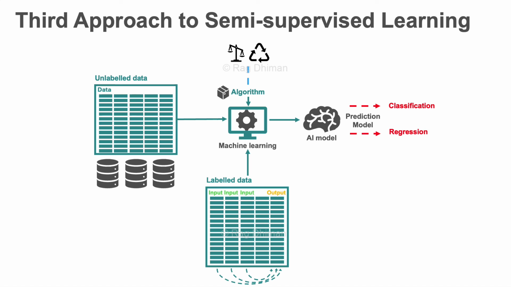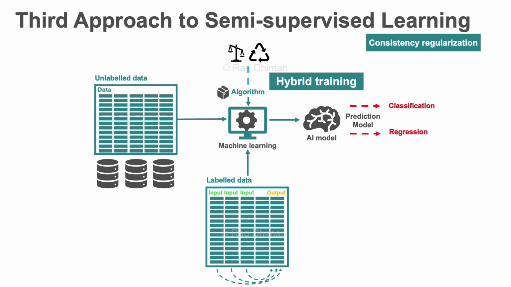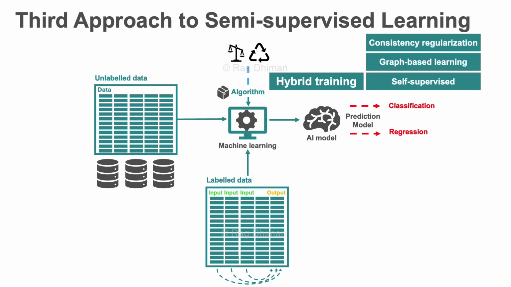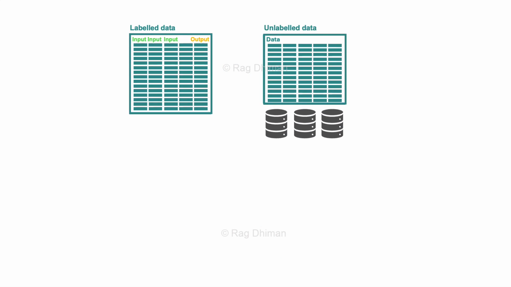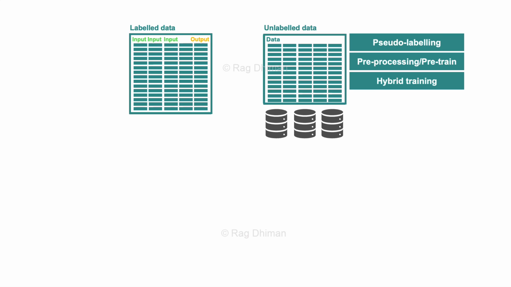This method, sometimes called hybrid training, leverages techniques such as consistency regularization, graph-based learning, and self-supervised objectives to extract data patterns and improve data generalization, all without manually labeling the unlabeled data. Hopefully you can see how all semi-supervised learning options can provide the advantages of both supervised learning and unsupervised learning by utilizing both labeled and unlabeled datasets through various techniques.